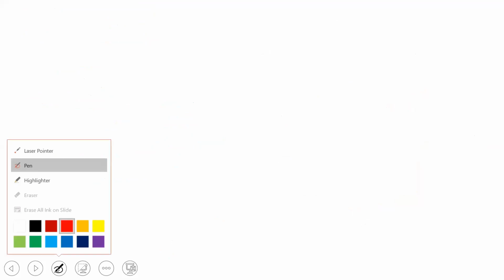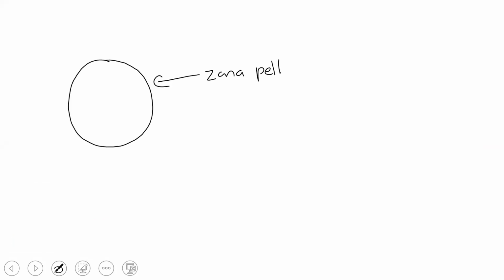If I talk about the structure of the ovum, there is an outer layer, which is a non-living layer, referred to as the zona pellucida.